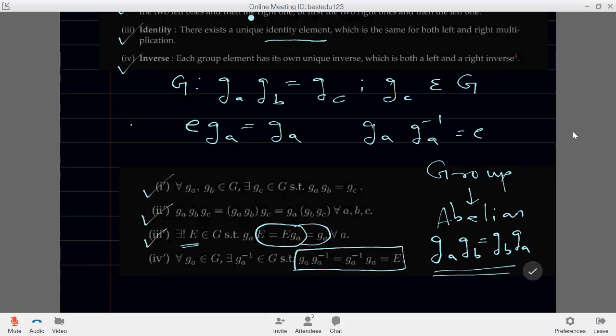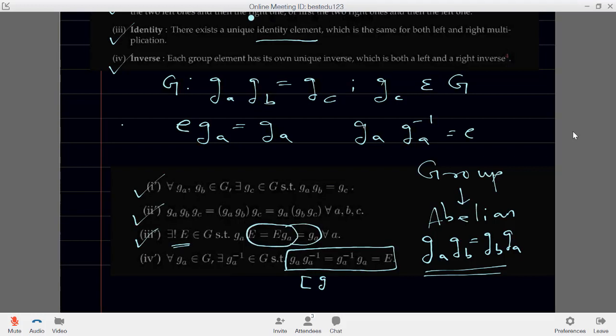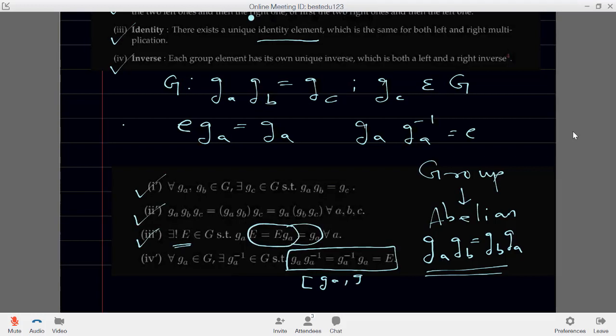Or I can write it in another way: the commutator of GA and GB should be 0. So if all the elements follow this, we say it's an abelian group. Okay, let's look at an example of a discrete group.